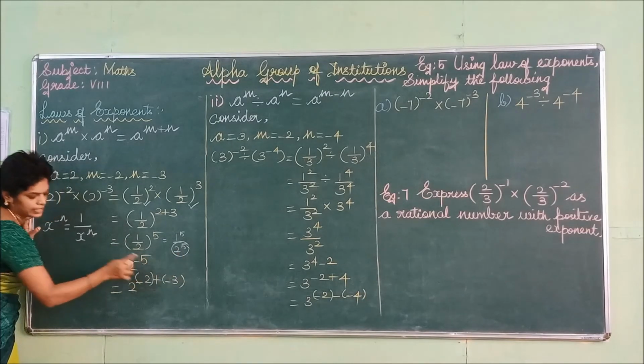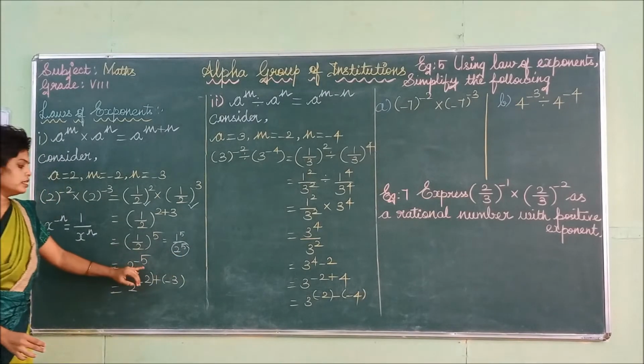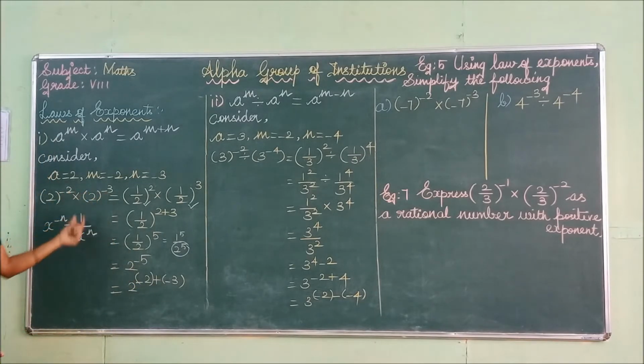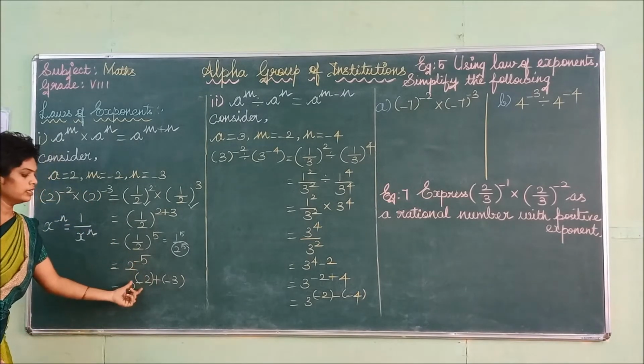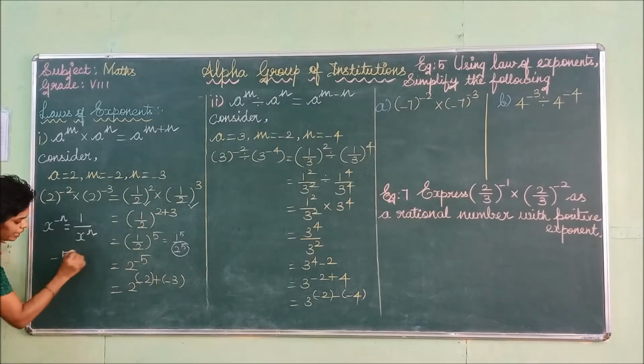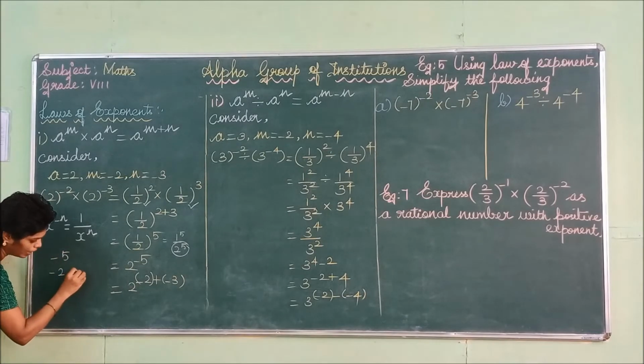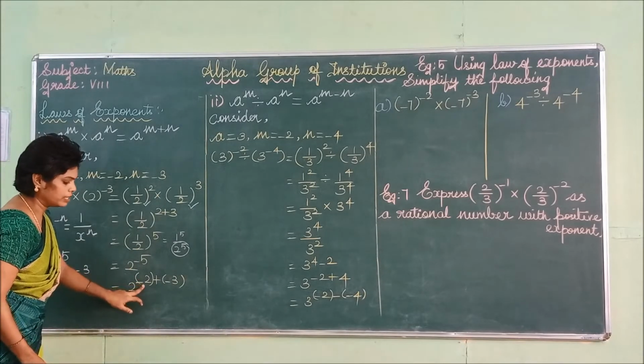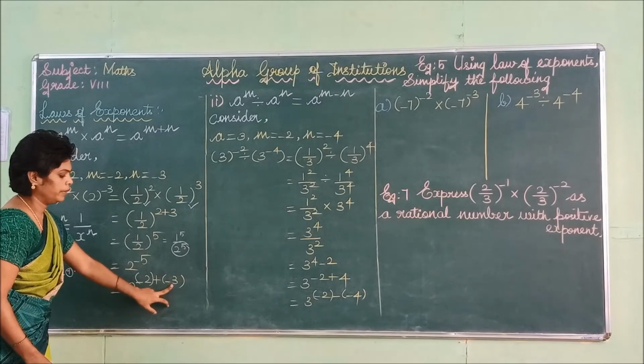2 power minus 5. Then this 5 can be split and written, because here the powers are 2. So you can split and write this minus 5 as minus 2 and minus 3. When you add these two values, you get the value as minus 5. So 2 power minus 2 plus minus 3.